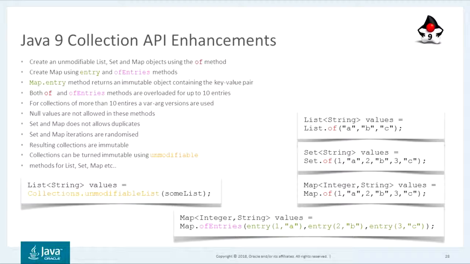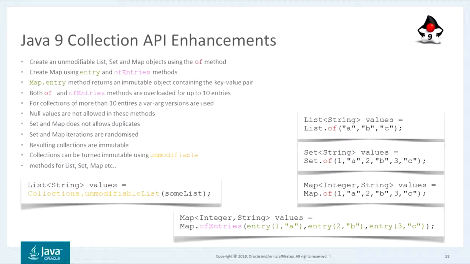And finally, a permutation of the of method is called ofEntries. ofEntries works similar to the method of, but allows you to create separate entries. The of method lists parameters just as a comma separated list. For example, if you're creating a map in the of method, you will have key value, key value, key value.